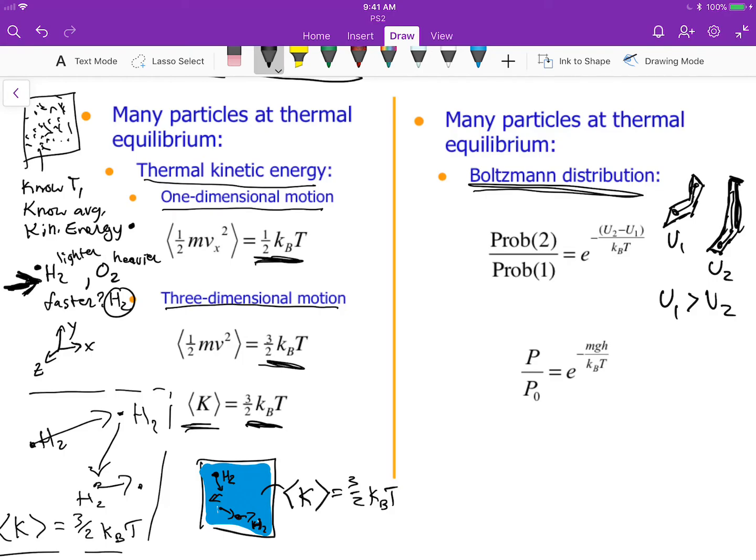Now my question for you is, if U1 is greater than U2, are there more molecules in which state?